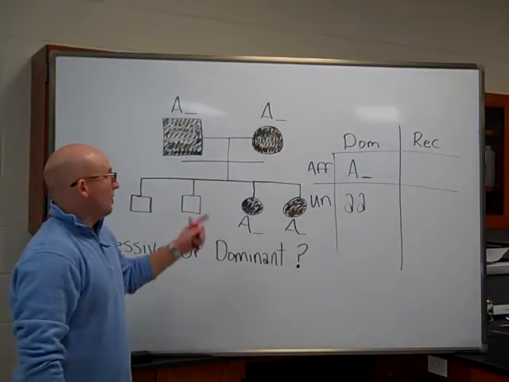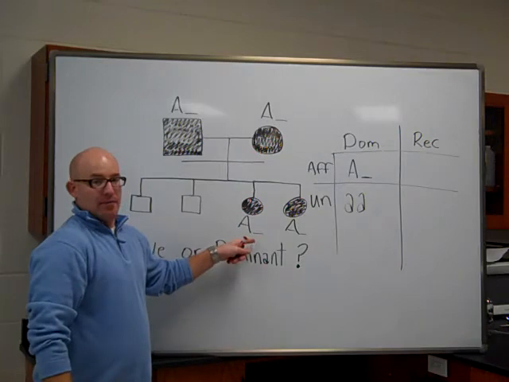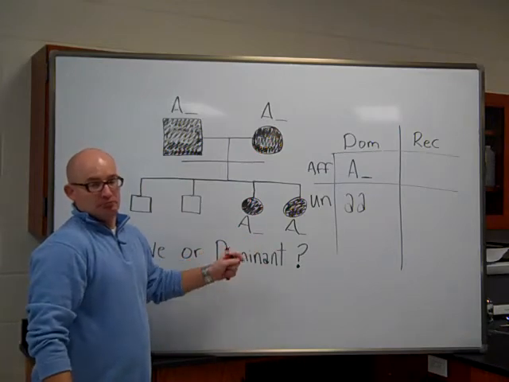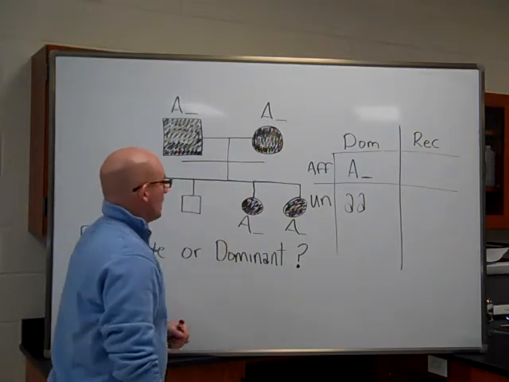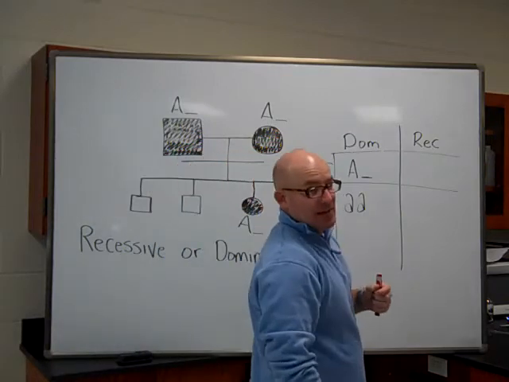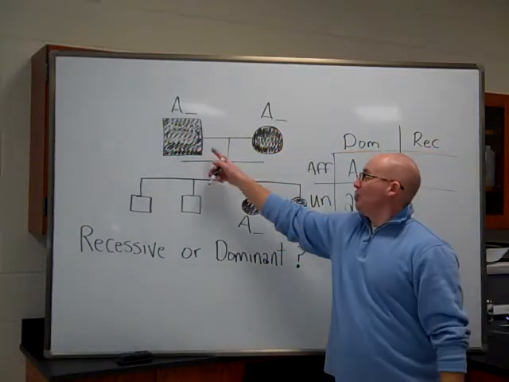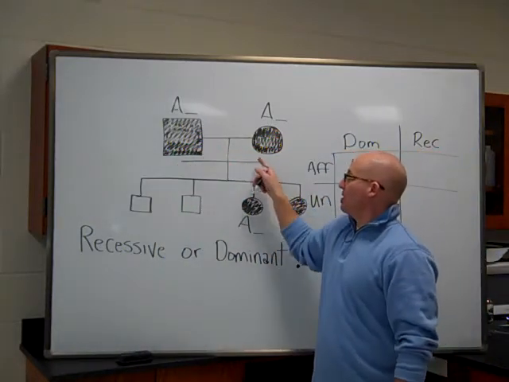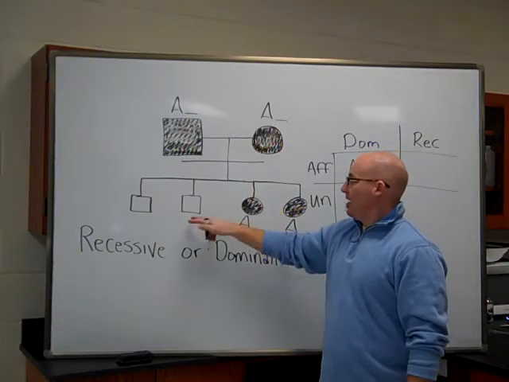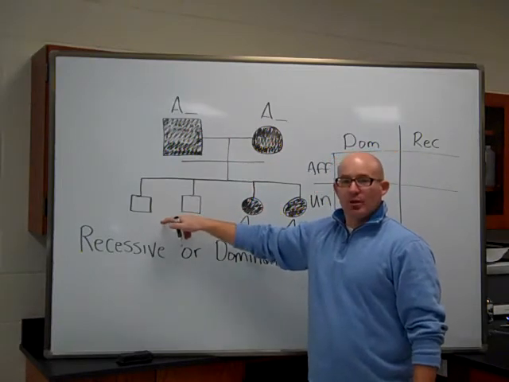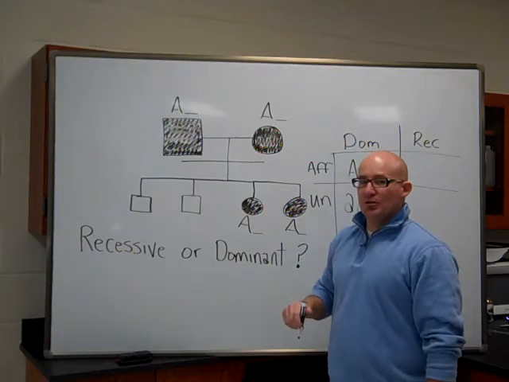All of those affected people have at least one big A. Now, we need to figure out if it's possible for 2 parents who are affected with a dominant trait to have unaffected children or affected children.